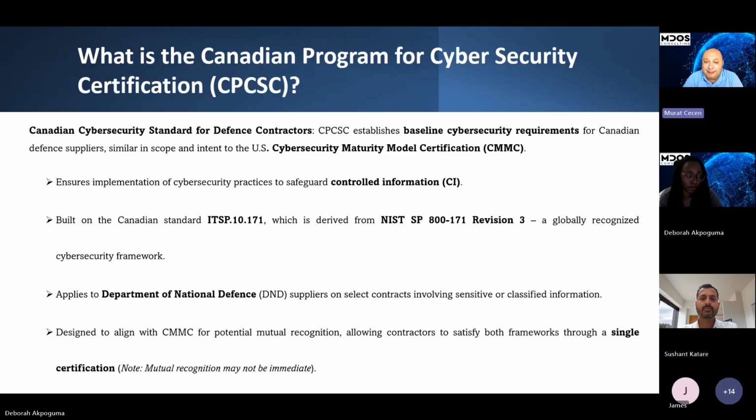So if you look at the two programs, CMMC is based on Rev 2 of 800-171. Canada made the decision to go to Rev 3, which makes sense because there's a huge difference between Rev 2 and 3, right? And then overall, this applies to any defense suppliers on contracts that have sensitive or classified info, right?